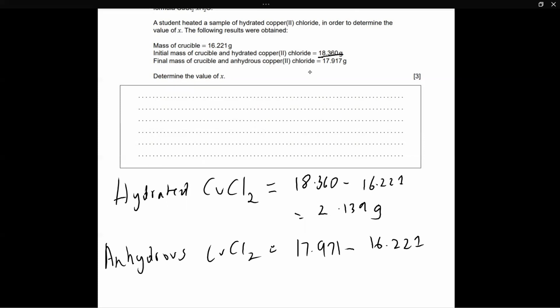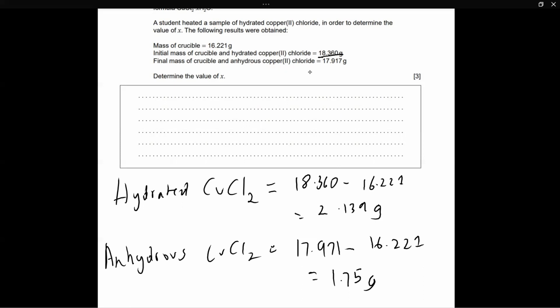So that gives me an answer of 1.75, if I'm not wrong, 1.75 grams.